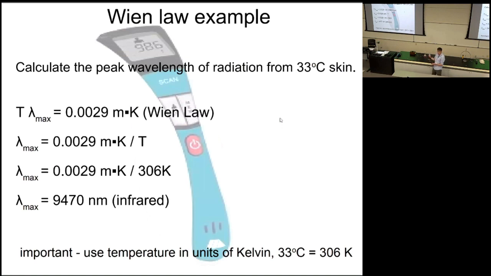33 degrees Celsius, we have to be a little bit careful for the Wien law in this constant. You have to use Kelvin as your units of temperature, not Celsius. So to convert from Celsius to Kelvin, we add 273 to the temperature in Celsius to make the temperature in Kelvin, so it becomes 306 degrees Kelvin. Remember, Kelvin is an absolute scale.